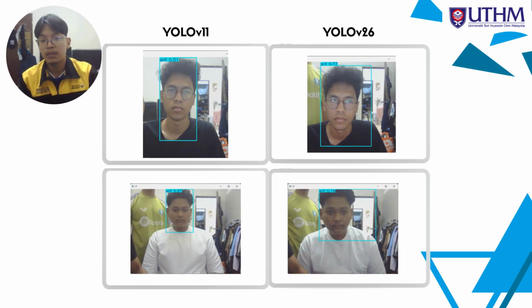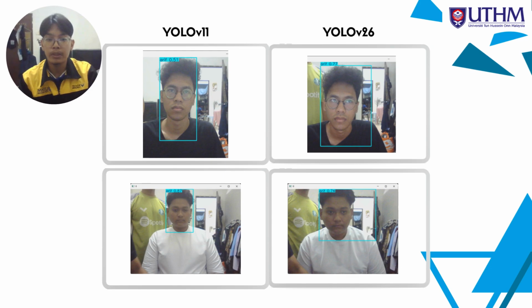So we move on to the next slide. We continue with the subject Haziq. If we look at the top left, YOLO V11 shows a minor classification error by tagging Haziq as Arif with 0.51 confidence.